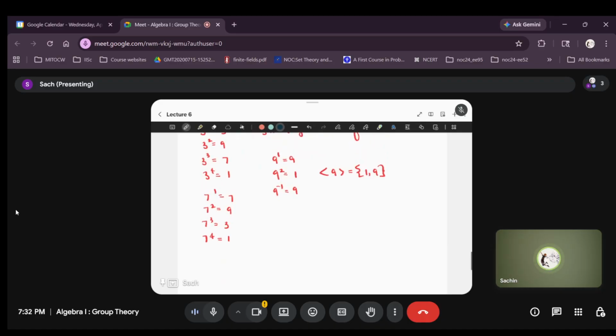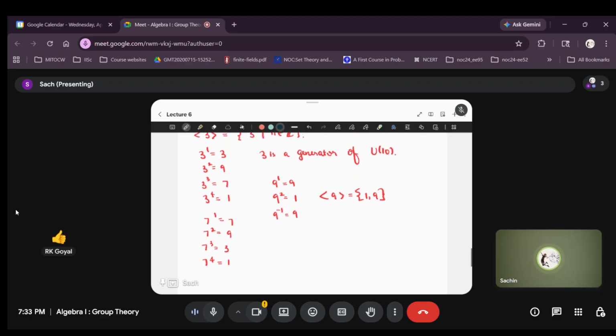So if you get A power m equal to 1 for some m that is less than the order of the group, that means that element does not generate the group. Only elements with order n will generate a group of size n. Now here 9 has order 2, so it won't generate a group of order 4.